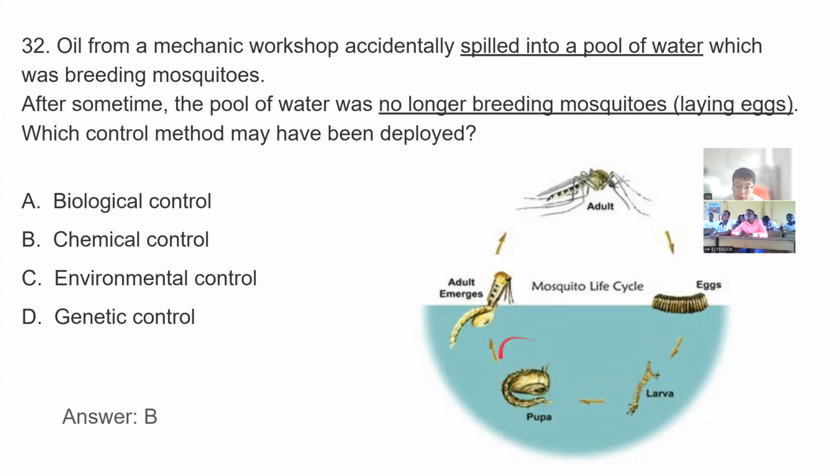It forms a pupa, and then an adult emerges from the pupa and flies off. That forms an adult mosquito.